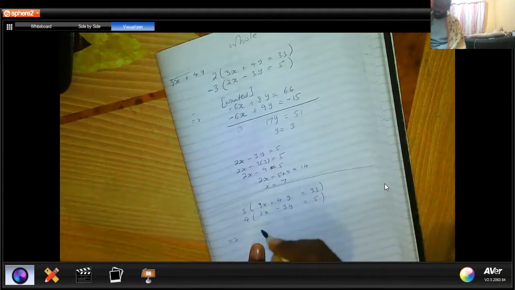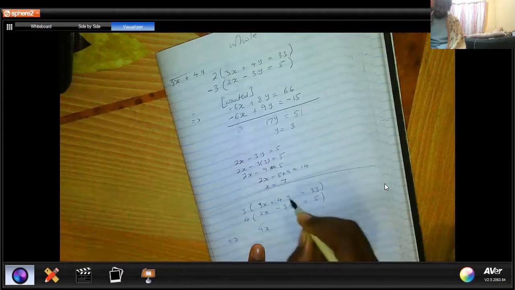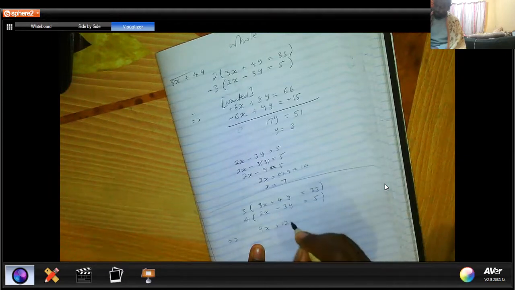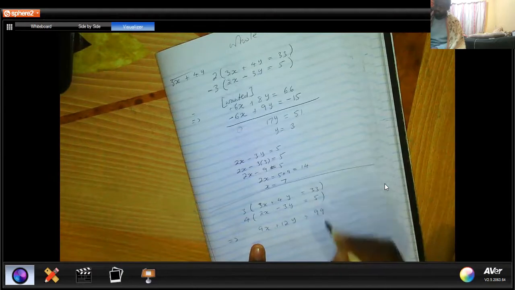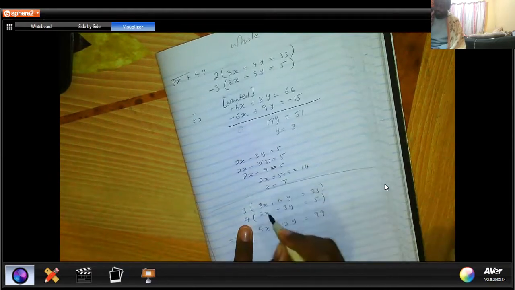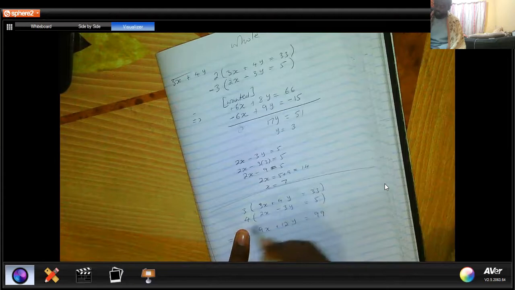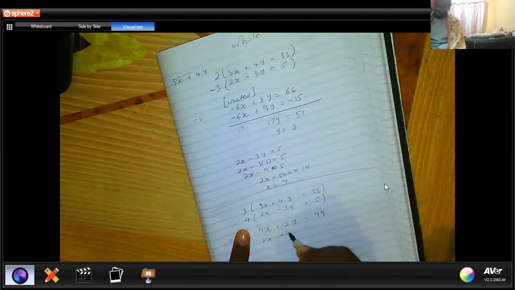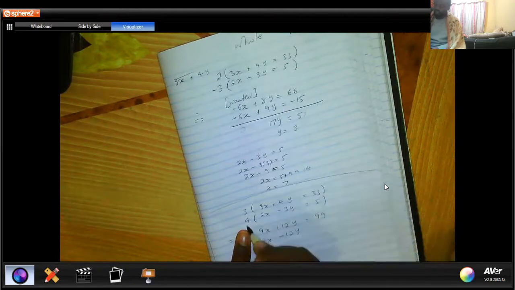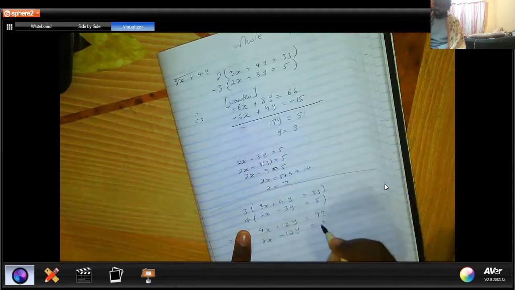Then 3 times 3 is 9x. 3 times positive 4 is 12y. 3 times 33 is 99. 4 times 2 is 8x. 4 times negative 3 is negative 12y. 4 times 5 is 20.